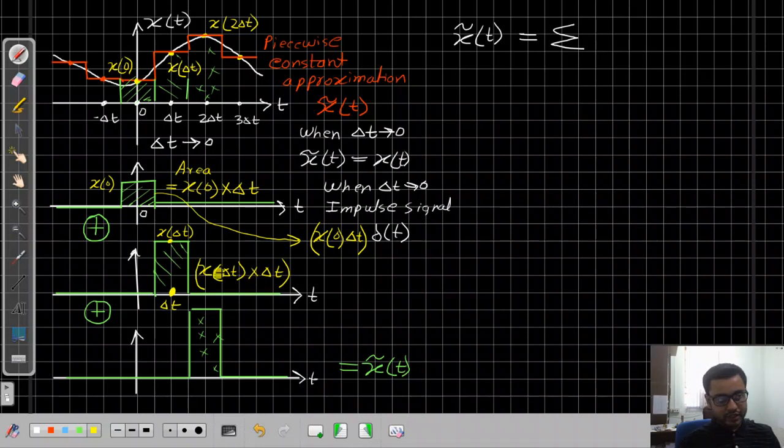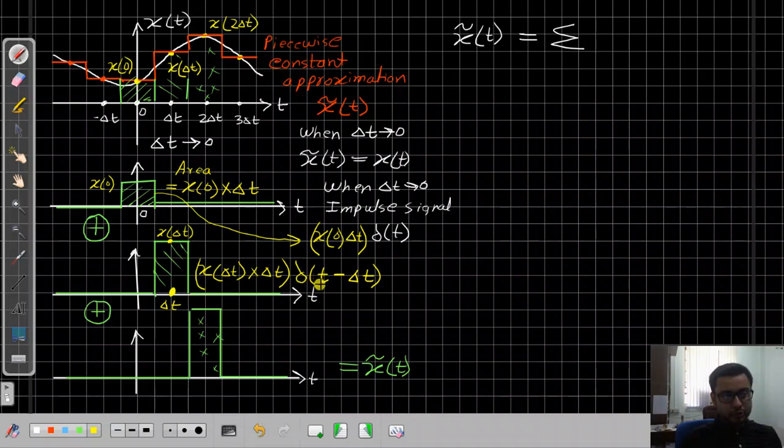So this signal can be written as this number multiplied by a delta t, not delta t, rather it should be delta t minus this delta t, del t. Okay, do not confuse this capital and small delta.